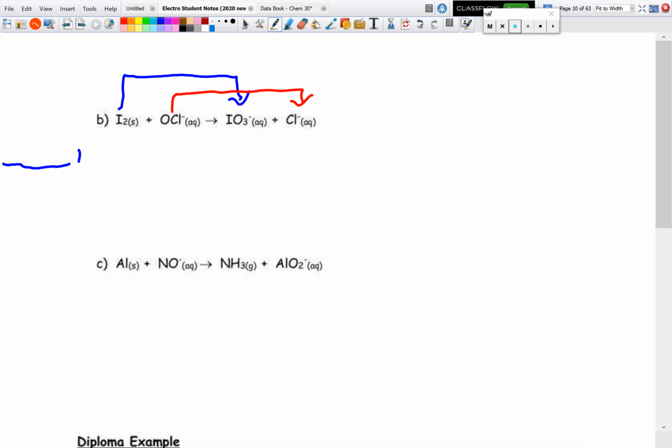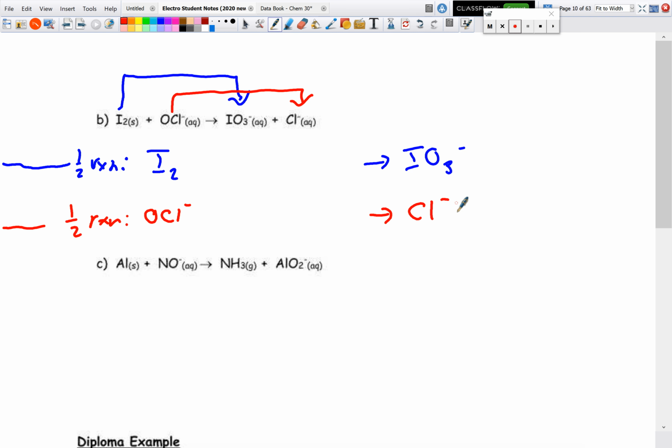Our unknown half reaction, the blue one: we're going to get I2, leaving myself a lot of space, going to IO3 minus. And same thing, my other unknown half reaction, I've got OCl minus going to Cl minus. Once again, I'm leaving space here because I know I'm going to have to add electrons and stuff like that.